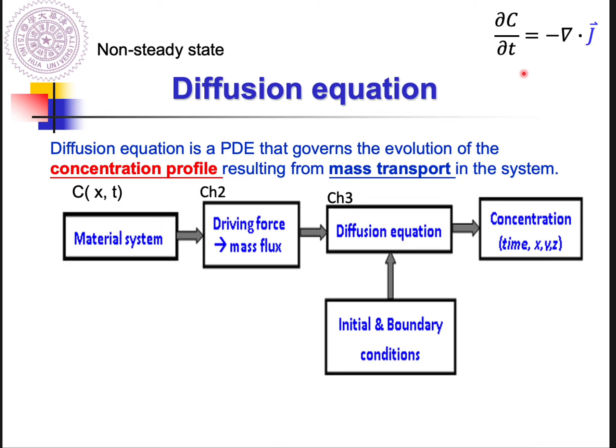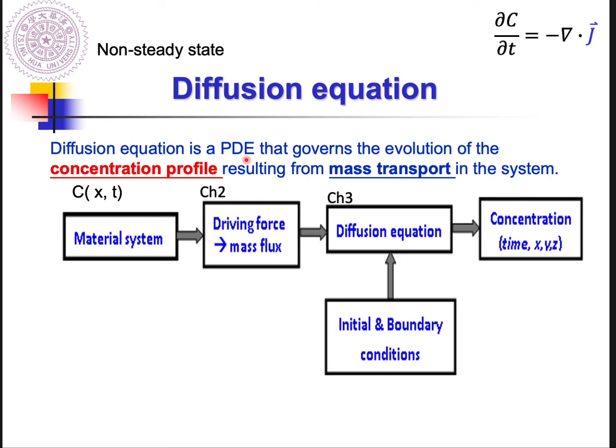Then you can get a full picture of how the concentration profile changes with location and time. So as long as you confirm that your case belongs to non-steady state, you can go through the following steps to get the concentration profile by dealing with the partial differential equation.